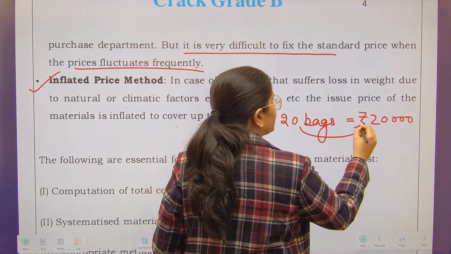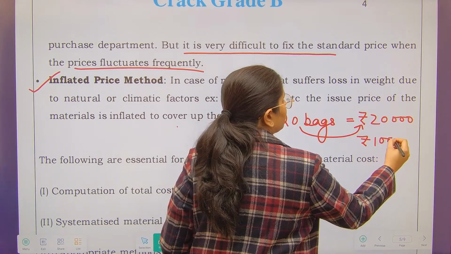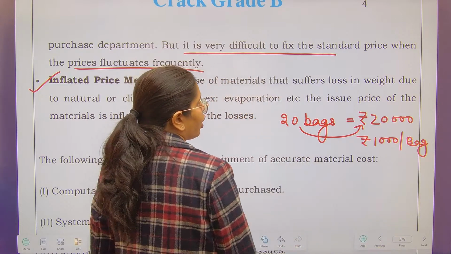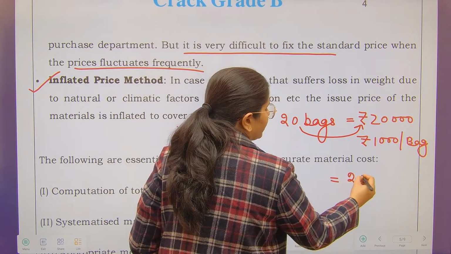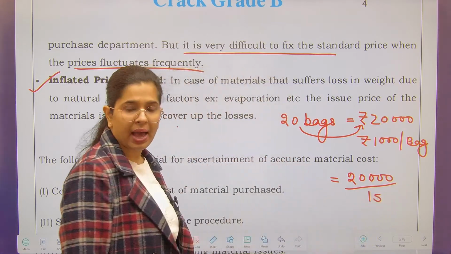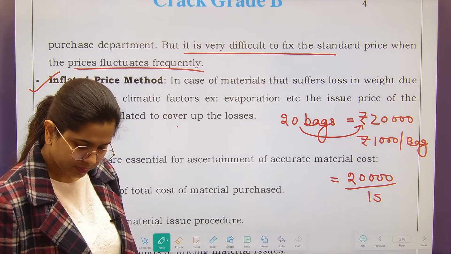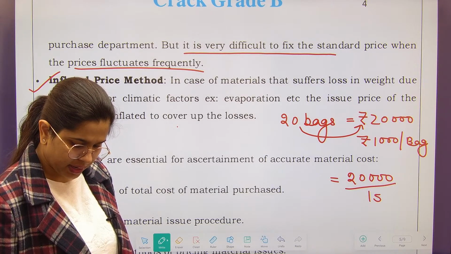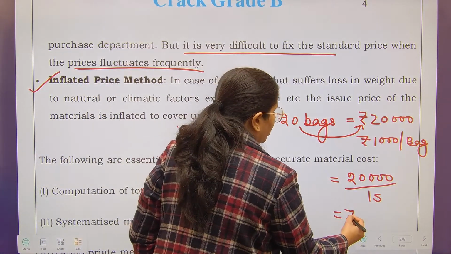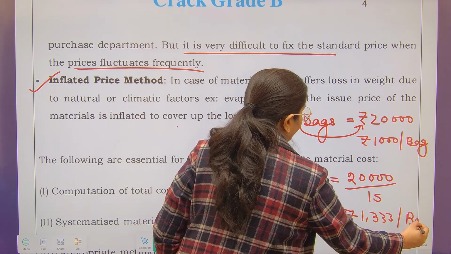Now currently what is the per bag cost? Per bag is costing me 1,000 rupees. But my 5 bags have got destroyed. So how will I inflate the price? This 20,000 cost I will be charging to 15 bags, so this will automatically inflate the price. 20,000 divided by 15 gives me a cost of 1,333 per bag.